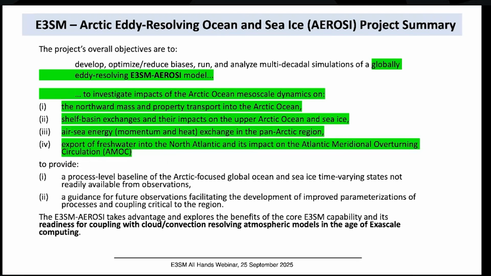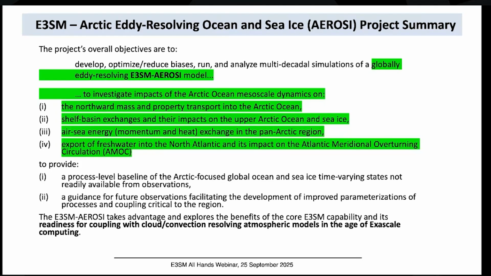The project, just a one-page summary, is basically to configure a new grid for the E3SM, EMPAS Ocean and Sea Ice, where we are addressing limitation in the Arctic in terms of requirement for high resolution.